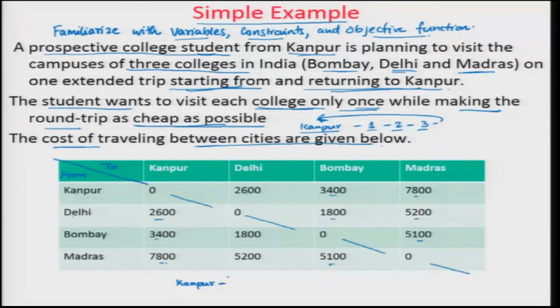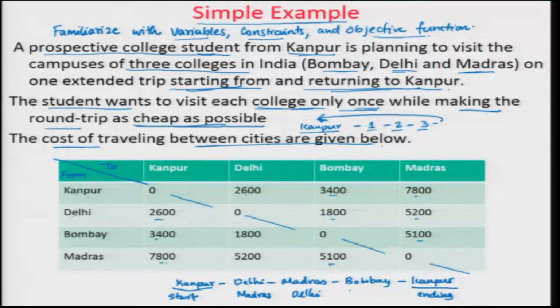Since it's a round trip, you can have an example: one would be Kanpur to Delhi to Madras to Bombay to Kanpur. This is what we call a round trip. The trip should start at Kanpur and end at Kanpur. This is the starting point of the trip, and this is the ending point of the trip. Another option can be Kanpur, Madras, Delhi and Bombay.